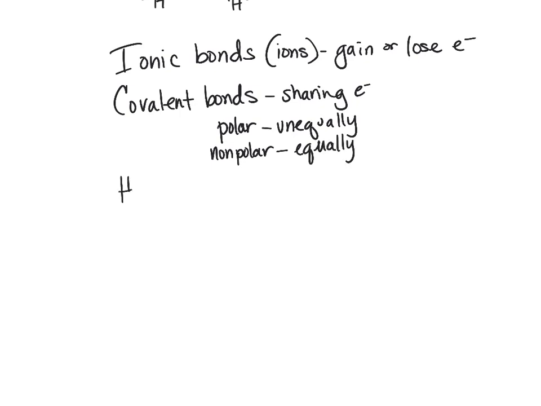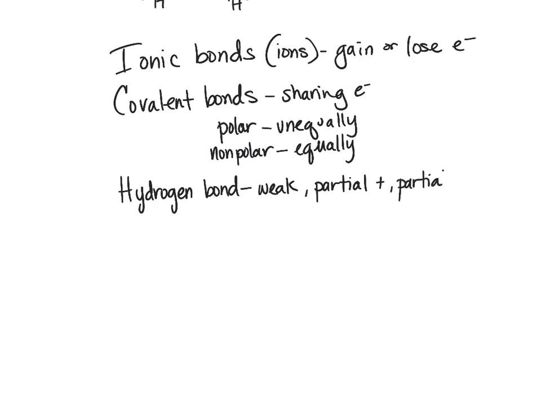Then we have our third type, which is our hydrogen bond. And remember, our hydrogen bond is a weak bond between our partial positive on one molecule, or one end of a molecule, and our partial negative on another part of a molecule.